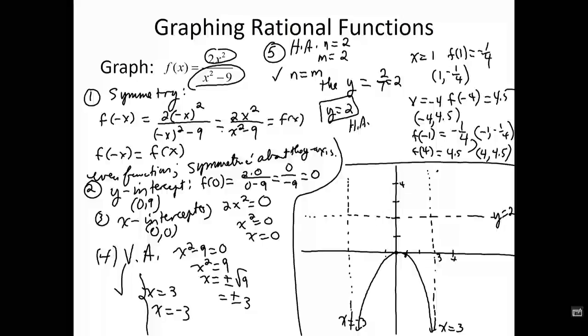All right, and likewise, f of -4 is also 4.5. So it's going to be here. All right, and so you can check more points if you like. So what we have, the graph is looking like this.